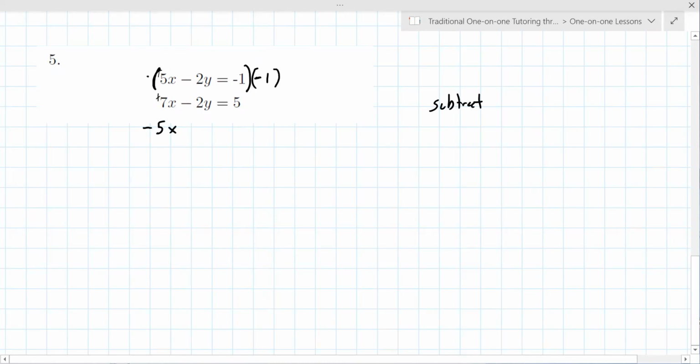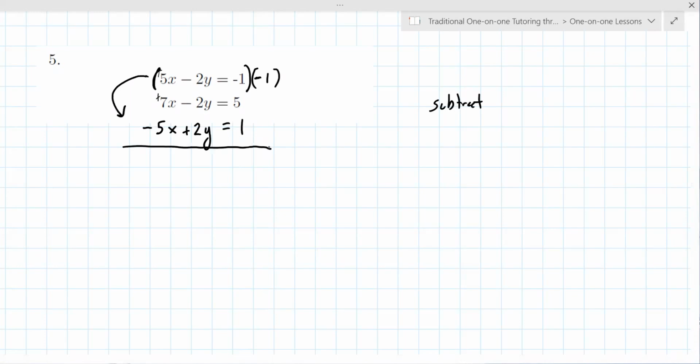right below, we're going to write the result below it, -5x plus 2y equals +1. Okay, and then do you subtract from there, right?